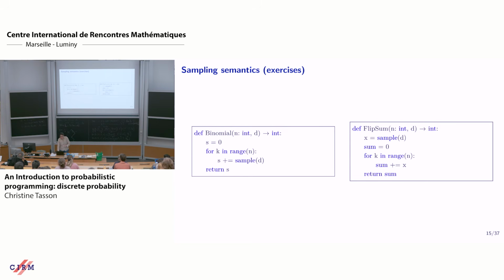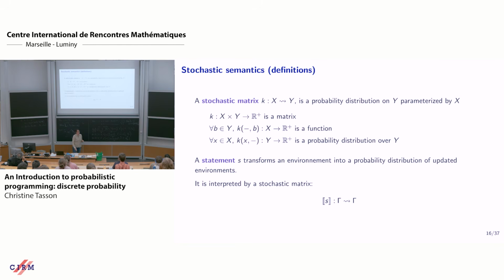Okay, so we have one kind of semantics, the sampling semantics, but there is another kind of semantics, the stochastic semantics. I call that stochastic semantics, but I'm not sure everybody will agree with this terminology, but whatever. So what is a stochastic matrix?